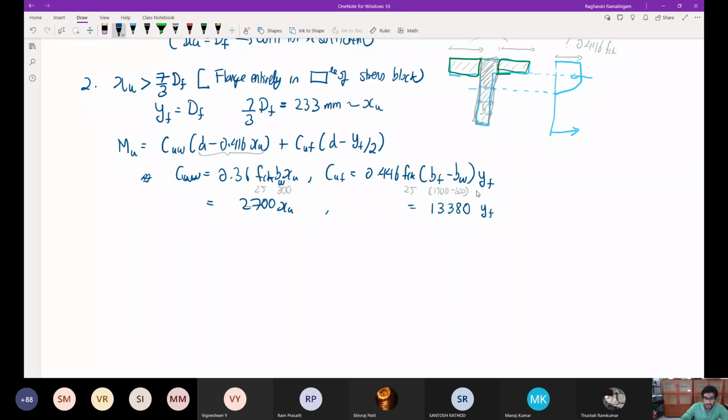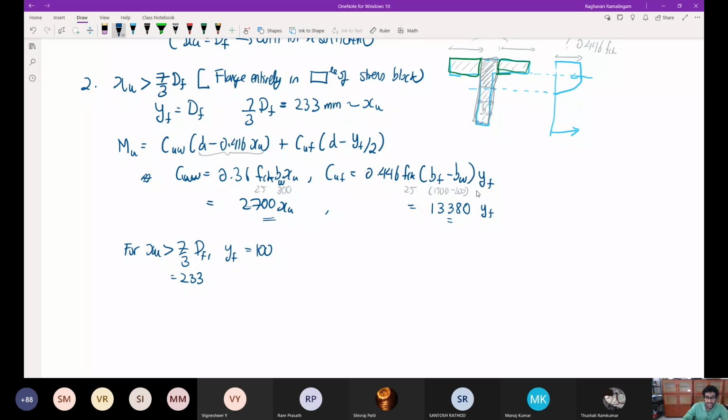So you got these two things. You can retain them like this, and you'll be using these two terms in the third case also. That's why I wanted you to retain it in terms of XU and YF. Now continuing with the second part, for XU greater than 7 by 3 df, YF equals 100, and we are taking XU as 233.